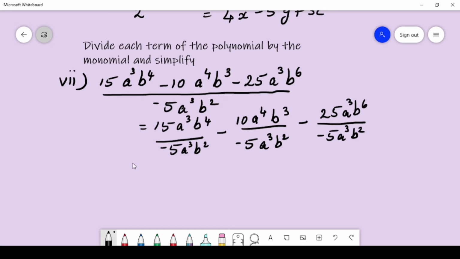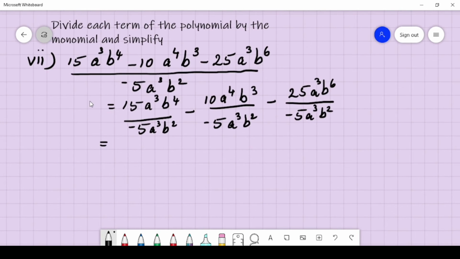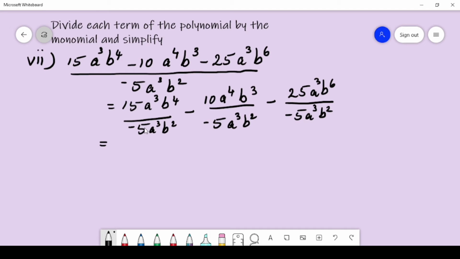Now you can divide the numerical coefficients and the literal coefficients. So this will be equal to minus 3.